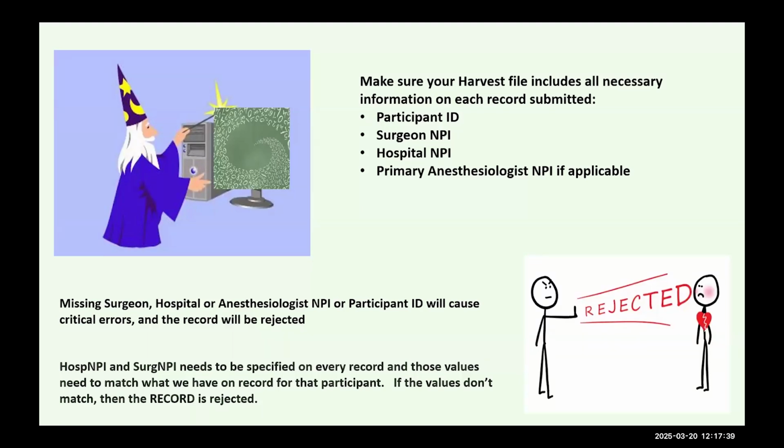And again, if you're in the anesthesia module, you've got to have your primary anesthesiology NPI number, because if you have a missing surgeon NPI, hospital or anesthesia NPI number, or your participant ID is not there or doesn't match what you've submitted, then your record can be rejected. Okay, and these are considered critical errors, which we're going to talk a little bit later about, along with the different types of errors that you get when you submit your information.